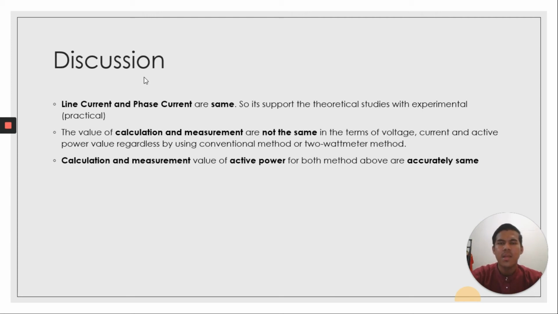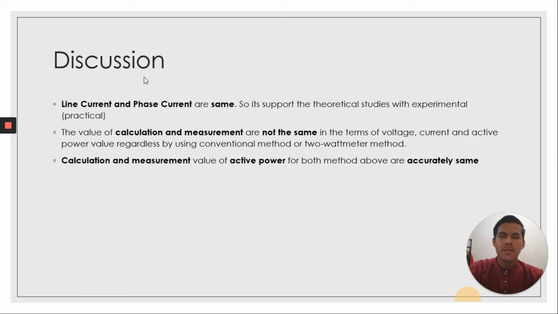Okay, discussion. What I get in this video, in this simulation, is that line current and phase current are the same. So it supports the theory studies and the experimental or practical studies.